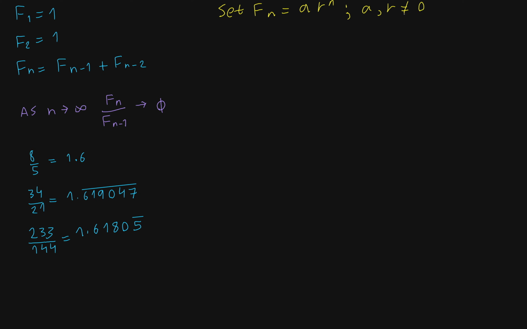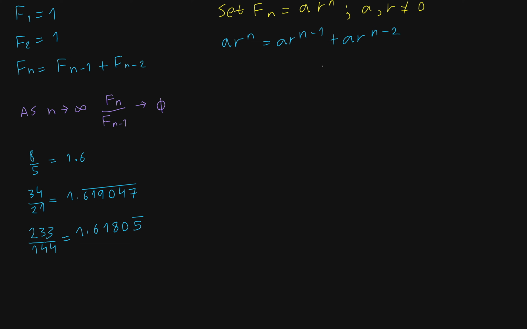They can't be 0. So now with this, we can plug this into the recursive formula. So we're going to have a r to the n is equal to a r to the n minus 1 plus a r to the n minus 2.